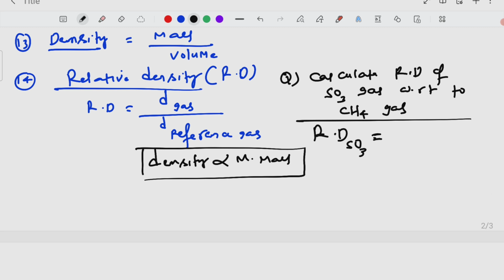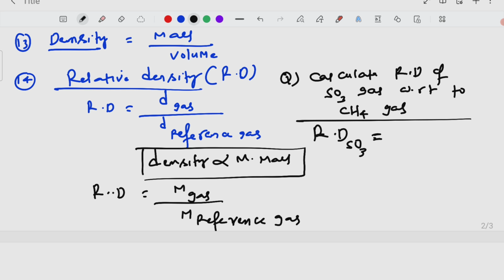So here I can use relative density is equal to molar mass of the gas by molar mass of reference gas. If density information is given, you can use the density formula. If nothing is given, you can use molar mass. But remember, 99% of the times they ask questions on relative density based only on molar mass.